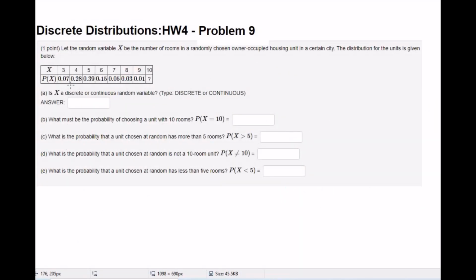Problem number 9. Let the random variable x be the number of rooms in a randomly chosen owner-occupied housing unit in a certain city. The distribution for the units is given below. Is x a discrete or continuous random variable?